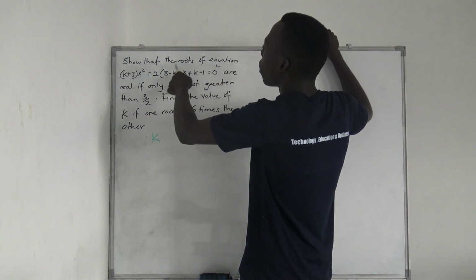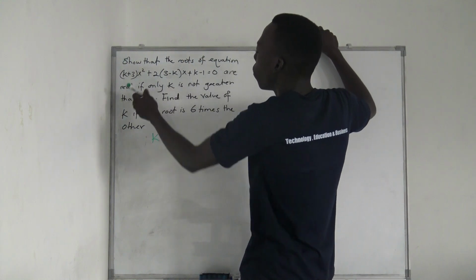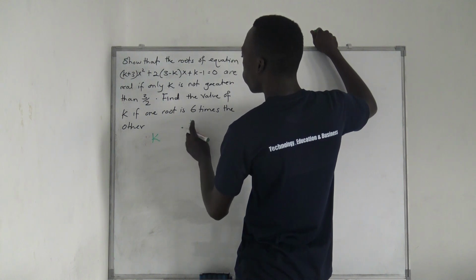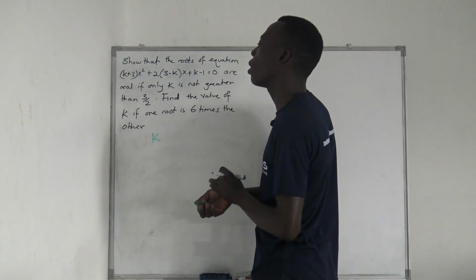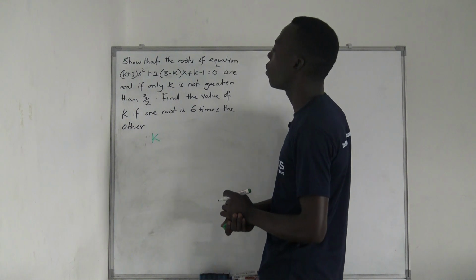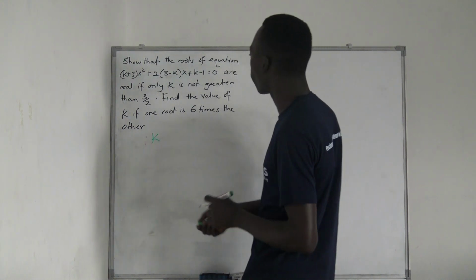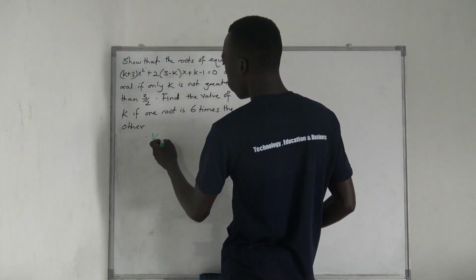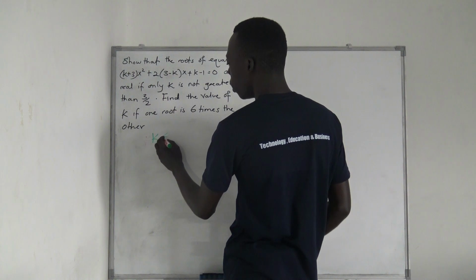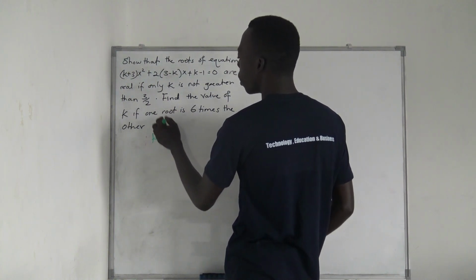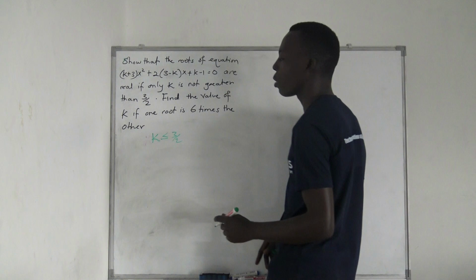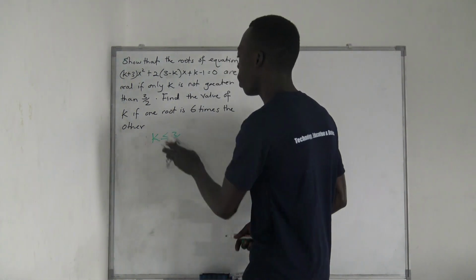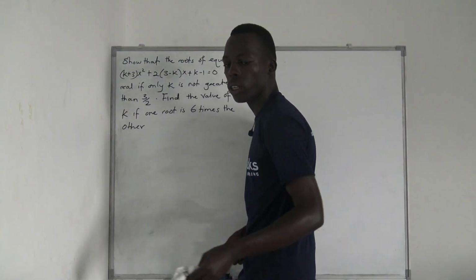And we also know that for real roots, when they say real, we say the discriminant is greater than or equal to zero. So for this case, it is supposed to be k not greater than 3 over 2. That's what we shall derive, and that's what they want us to show.